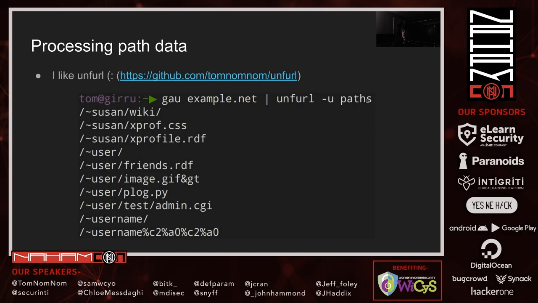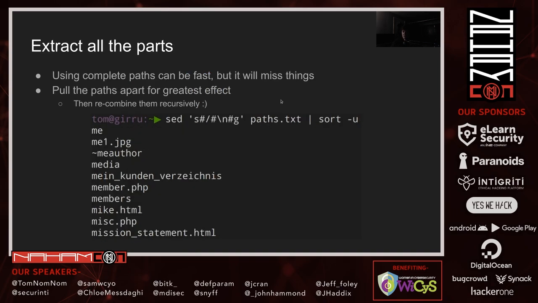So there are other options too, which I'll show you in a sec. But this gives us all of the unique paths from all of those URLs. And we could just use those as our word list if we wanted to. And it would be relatively fast if we did that. But I think we would miss things as well. Not everything that exists on these domains is going to be in those archives.